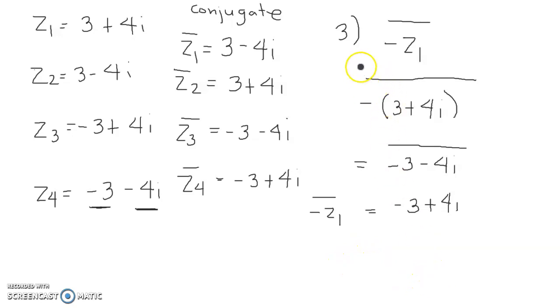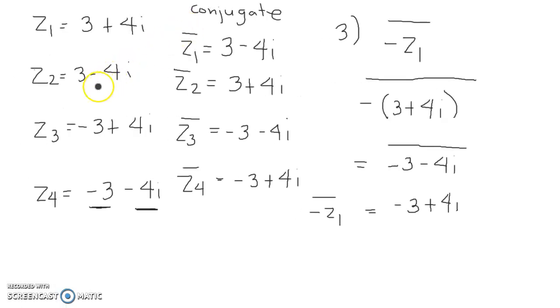For the next given, let's have negative z2. This time, it's also the conjugate of the negative of z2. Again, what's the value of negative z2? That is the negative of 3 minus 4i, so negative 3 plus 4i.